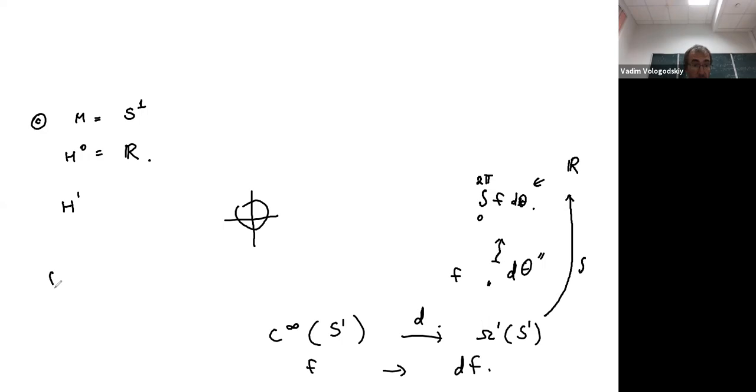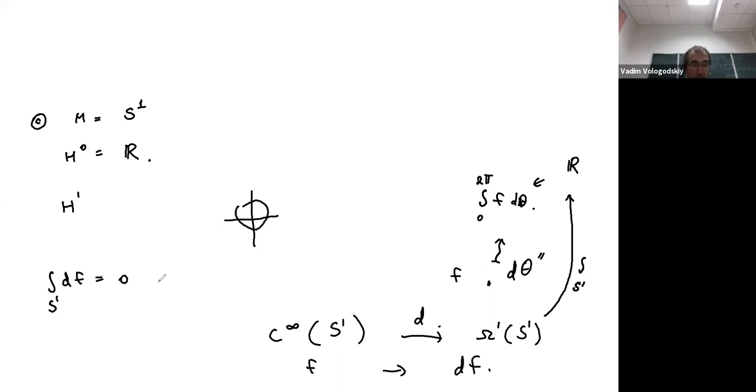So the integral of df, this is notation for the map from omega 1 of S1 to real numbers. I take a form and send it to this integral over the interval. So I claim that this integral is equal to 0.